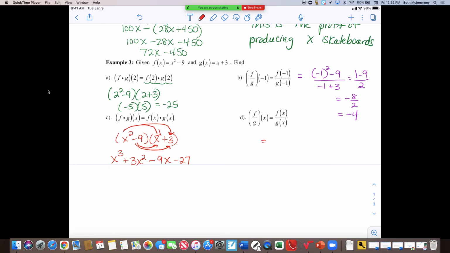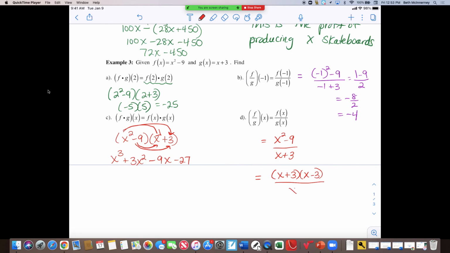All right, letter D. I'm going to get x squared minus 9 over x plus 3. Now I am going to pull back some Algebra 1 for you. If I have x squared minus 9, that's x plus 3 times x minus 3.